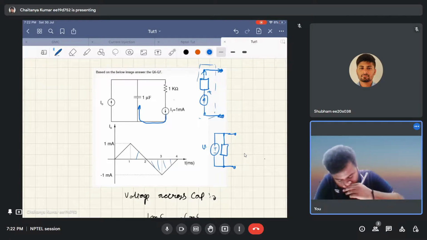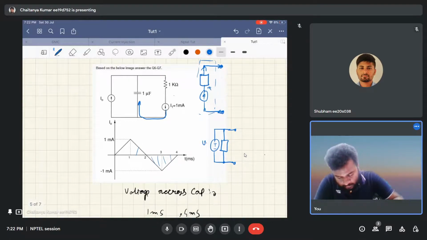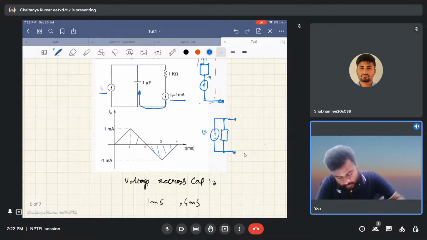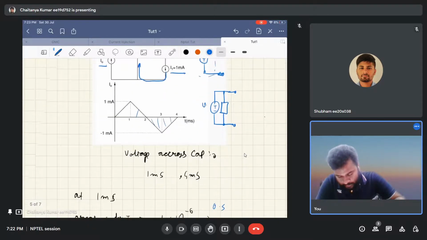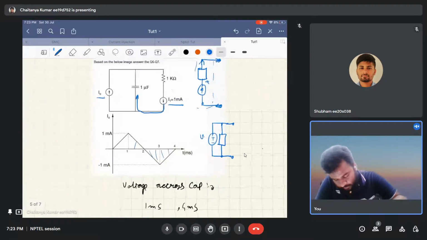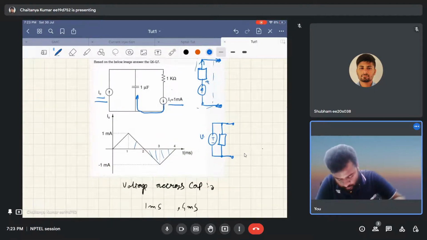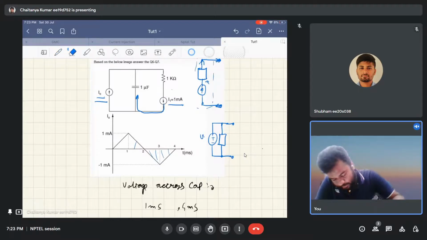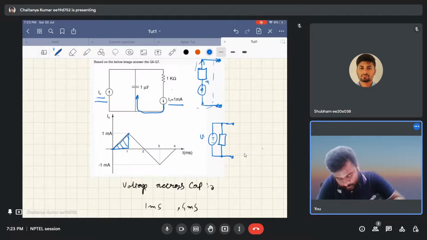Now, apart from that, the current that will flow into this will have two components. One is the I naught, and the other is the DC current of 1 milliampere. So at 1 millisecond, the voltage due to this time varying waveform will be the area under this curve till 1 millisecond, that is half into 10 to the power minus 3 into 10 to the power minus 3.